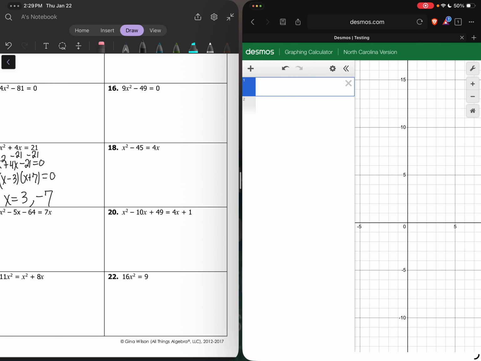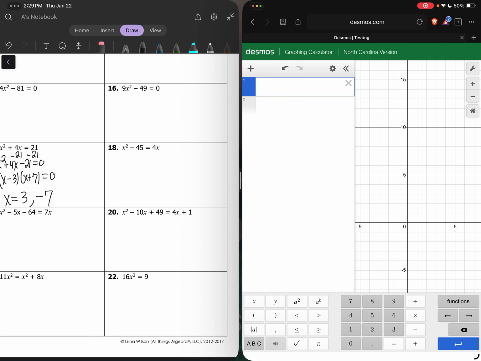Now, keep in mind, you will be using the testing version calculator, so make sure you're using that for this. X squared minus 10x plus 49 equals 4x plus 1. That is what the first one says on number 20.